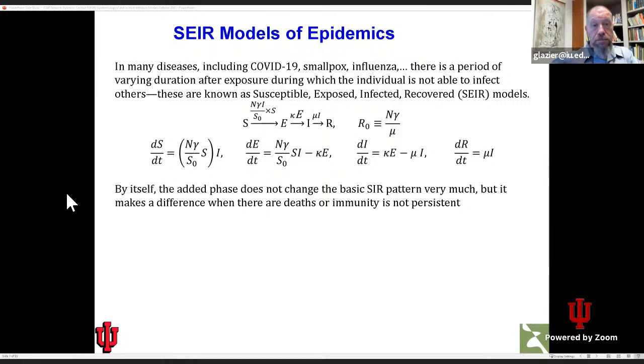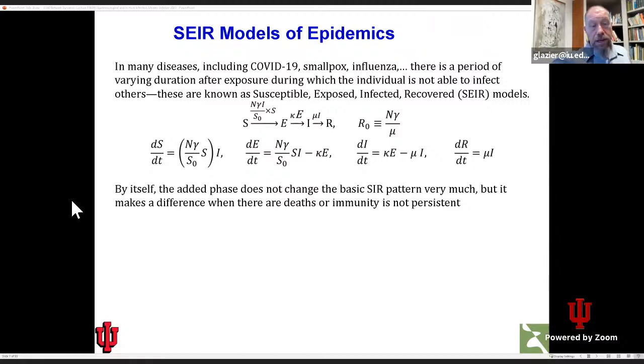In reality, that time varies a lot depending on the disease, and you can look up values for it. It's not always obvious what the exposed phase does, and in general, it doesn't have a big effect on the way the system behaves.